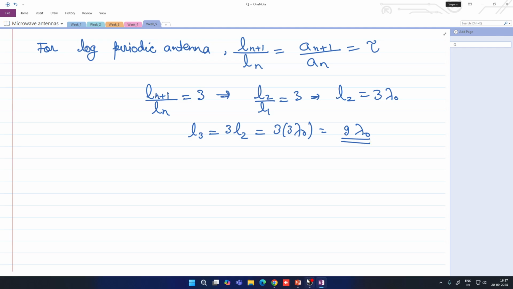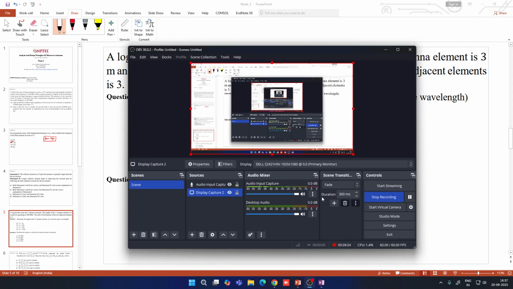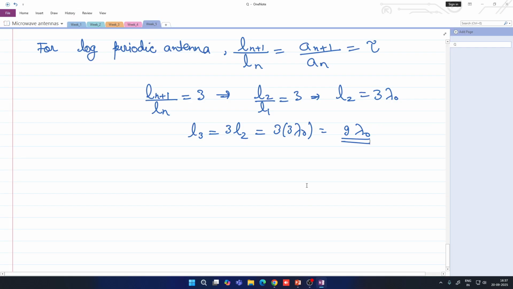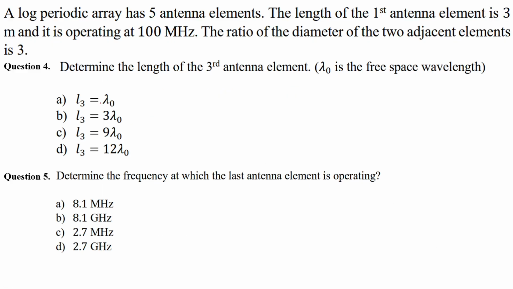Now if we match it with the given options, option C is correct. So correct option for question number 4 is L equals 9 times lambda naught.